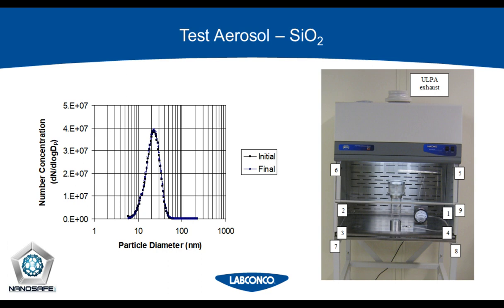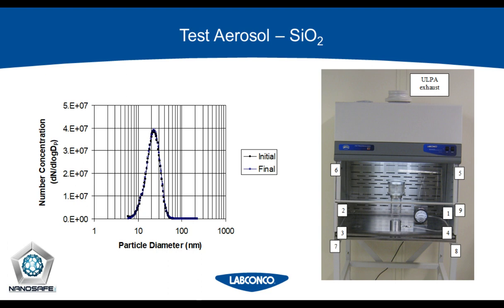Here's silicon dioxide, and one of the most important things to do is hone in on the particle size generated in the environment, because our detection system is really looking for particle size, not for the chemical properties within that silicon dioxide. Here is a sample setup of a hood undergoing a NanoSafe test, and you'll see on this graph that there's a mean particle size of the silicon dioxide that was pretty stable throughout test methods carried out with this particular hood.